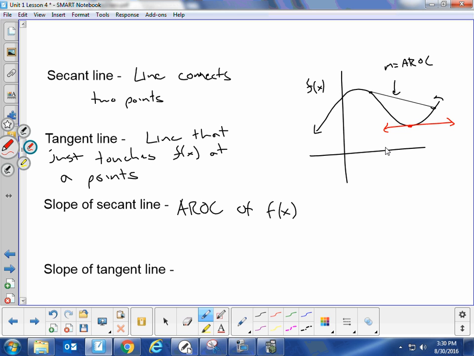Still created by putting 2 points really, really close together. The slope of that tangent line would be the instantaneous rate of change of the function at this location. We'll use IROC instead of AROC.